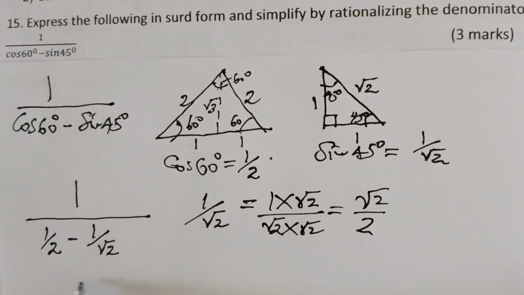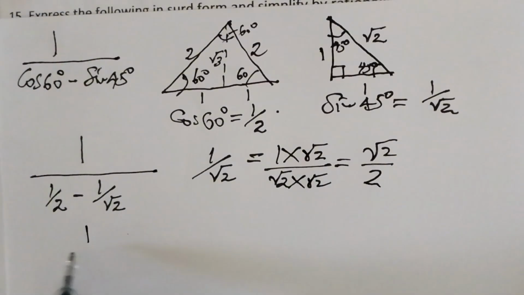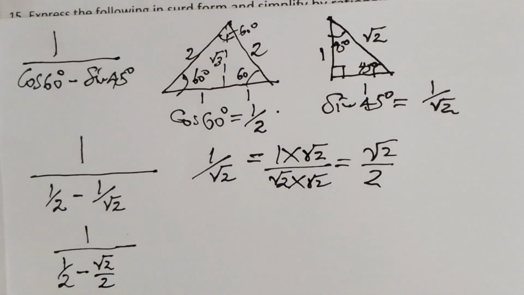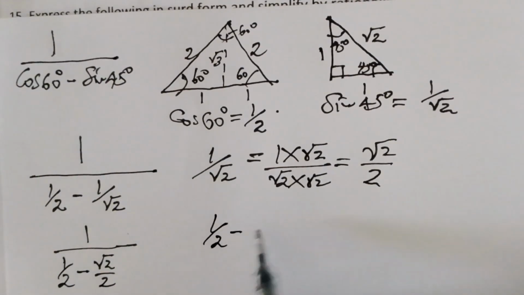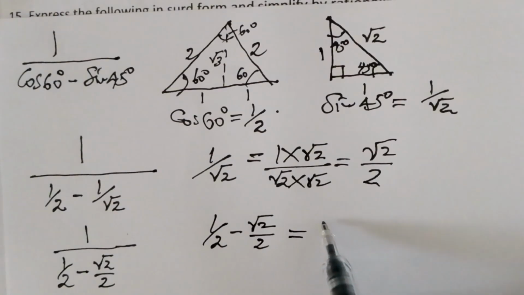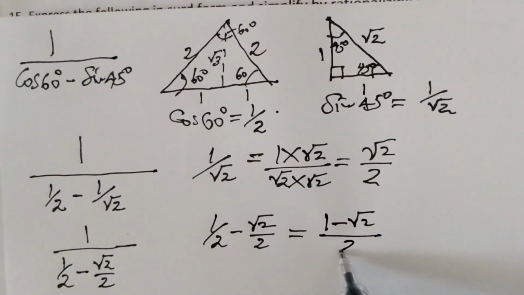So the expression goes to 1 over a half minus root 2 over 2. And half minus root 2 over 2 can be written as 1 minus root 2 over 2.